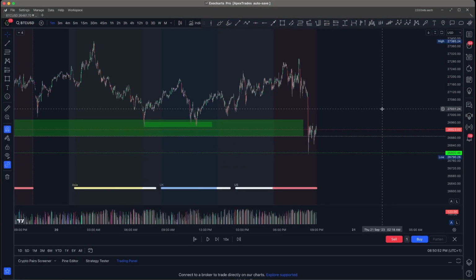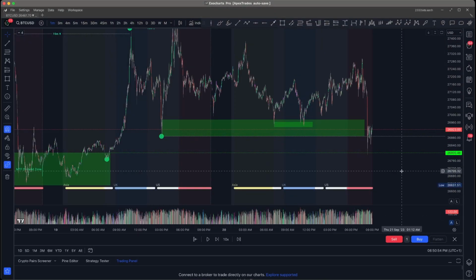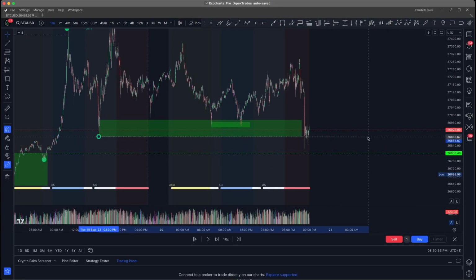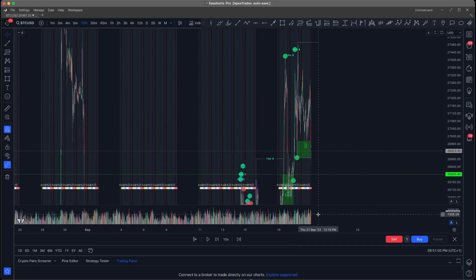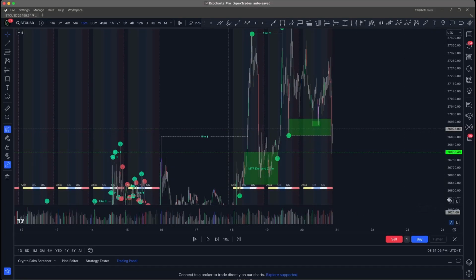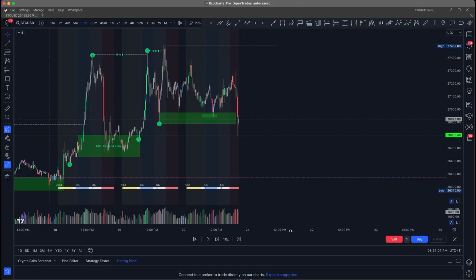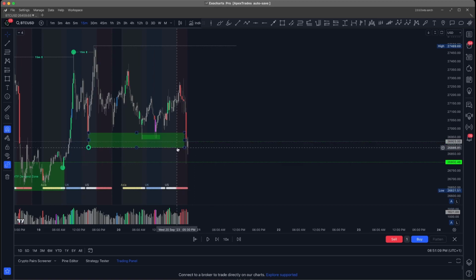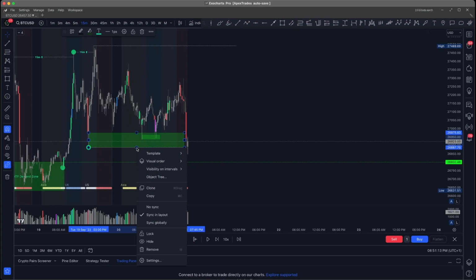So then what happens? Now we get a 15-minute reversal, right? So now we have a new trend change. So 15 minute, just go back. Go auto, just so nice and clean. So we now have, I'll leave the demand on there.